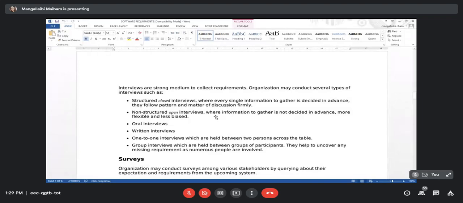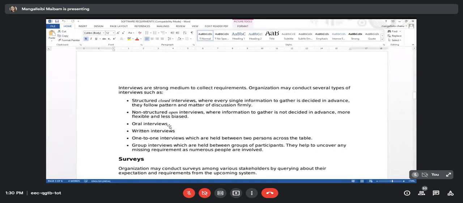So this is open interviews. In closed interviews, the information is already known in advance. And in open interviews, the information is not known in advance, so it has to be collected and studied, like we perform some feasibility study, then we collect the information.